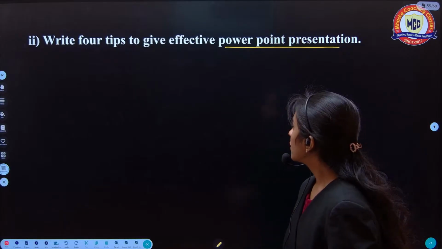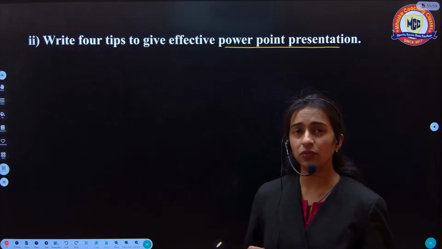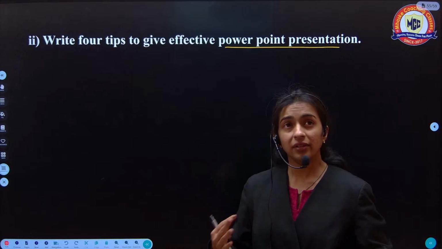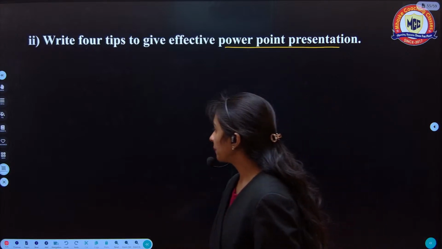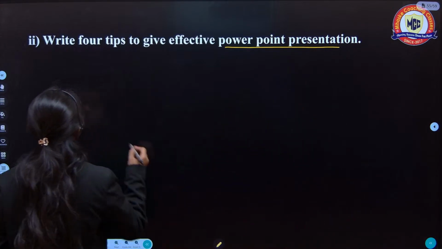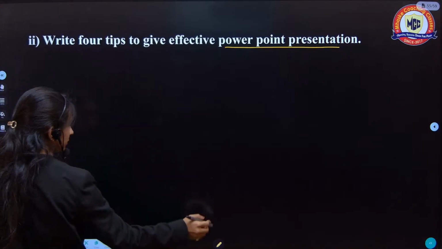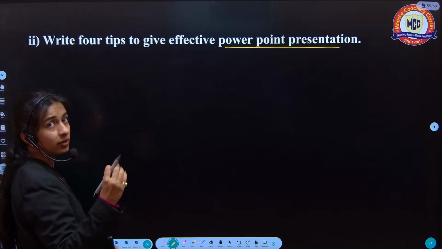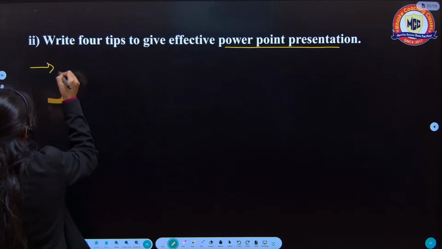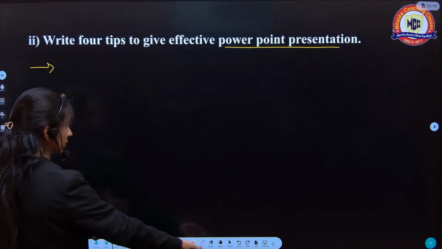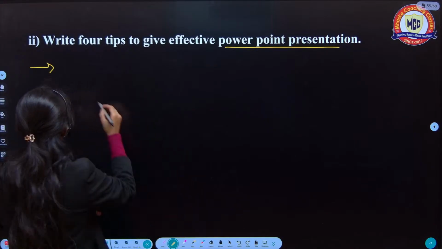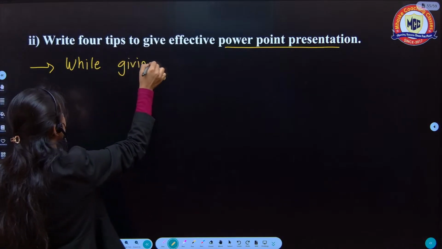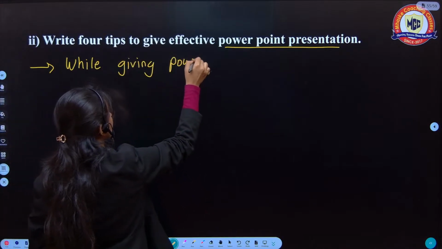Okay. So effective PowerPoint presentation, which means when you're presenting your work, what are the things that are absolutely necessary? We'll quickly write it down. While giving a PowerPoint presentation, you can introduce it in 1 or 2 lines.